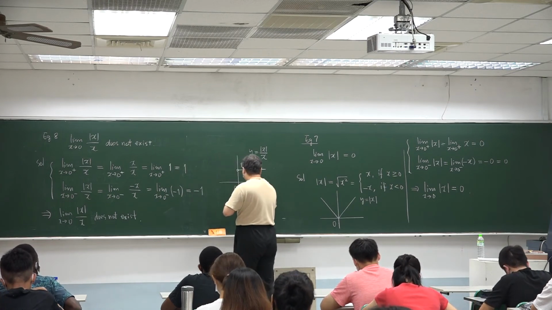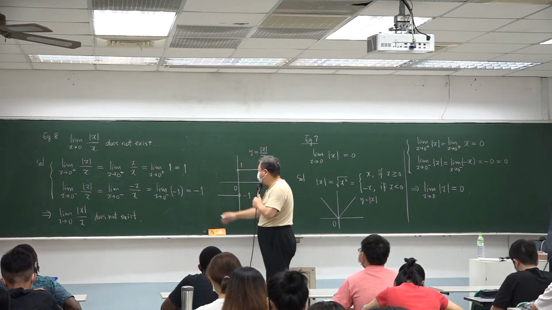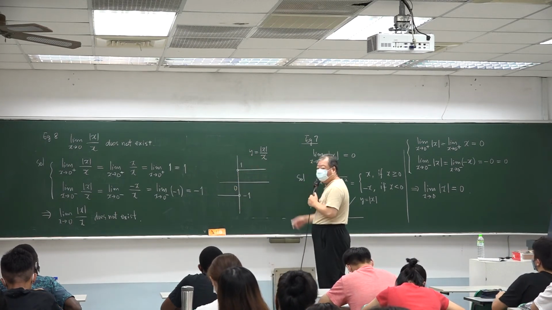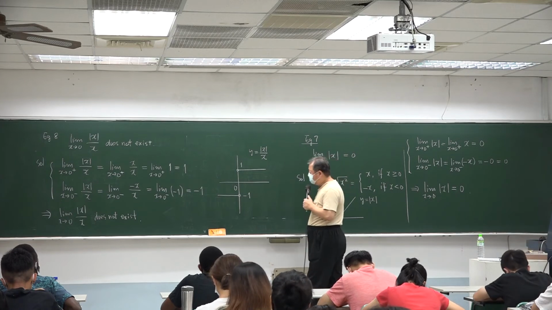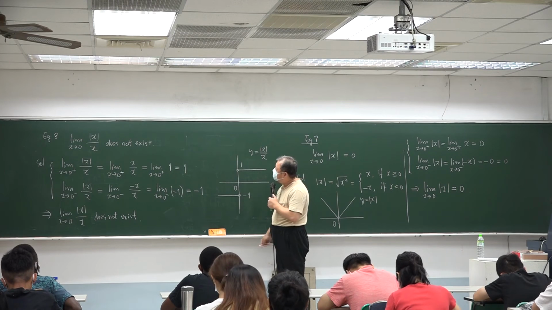When x is negative, this is also a constant. So at the origin, the limit does not exist.